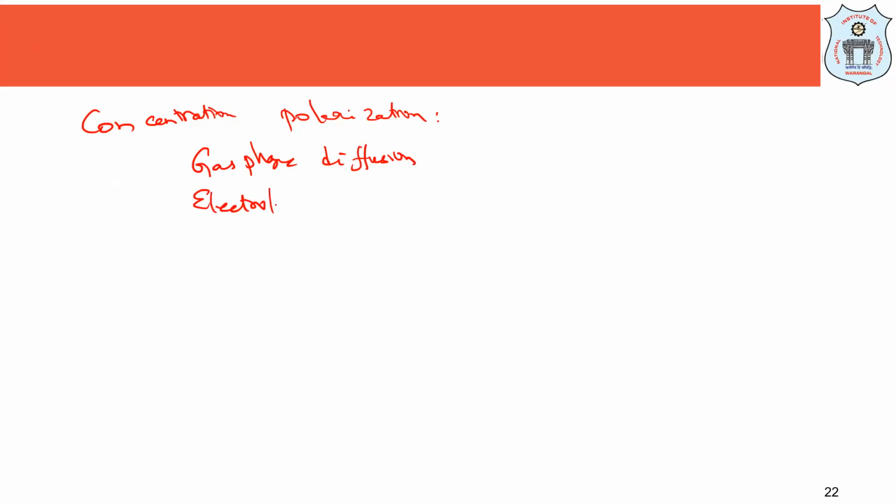Sometimes it is in the solid phase. So the electrolyte phase can be liquid phase or solid phase. Electrolyte phase diffusion limitation for the reactants and the products. Remember, in liquid phase, accumulation and pore blockage are the limitations.